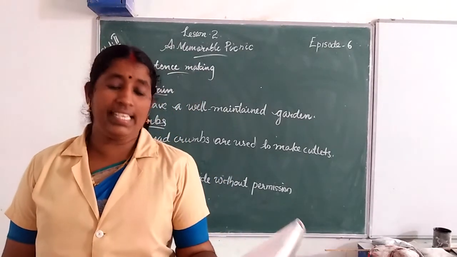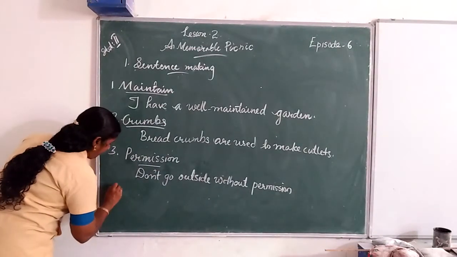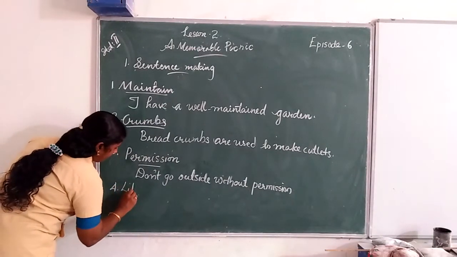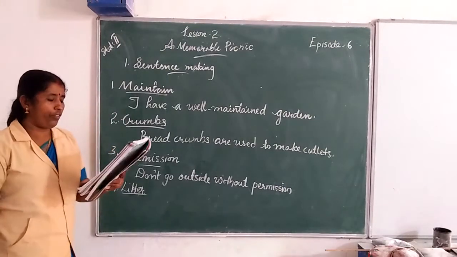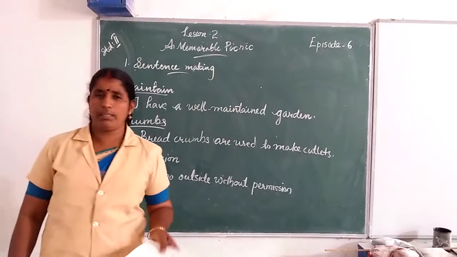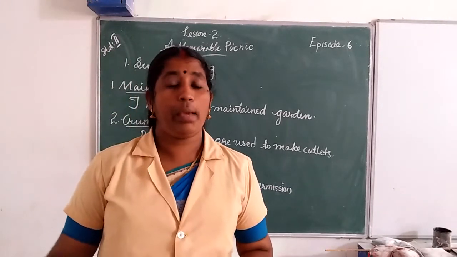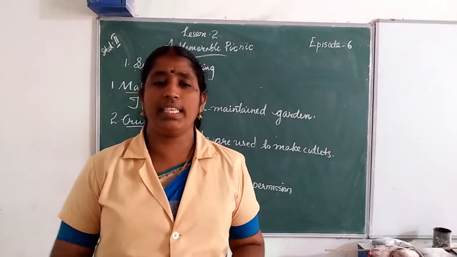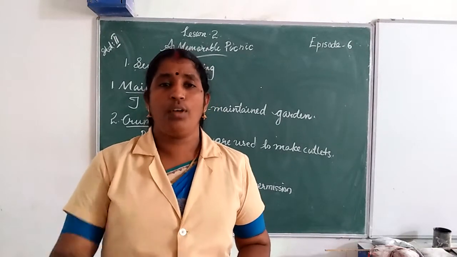The last word, litter. L-I-T-T-E-R. Litter. What is the meaning of litter? Make a place messy. Make a place dirty by throwing away things here and there, by pouring water on the floor and all those things.